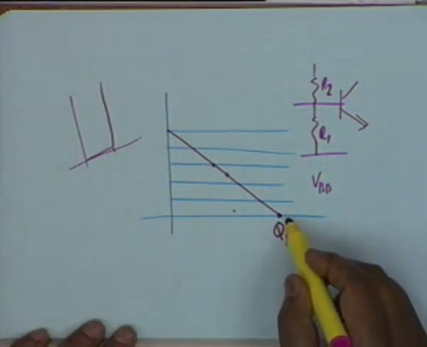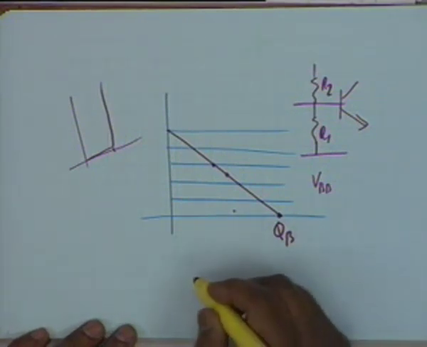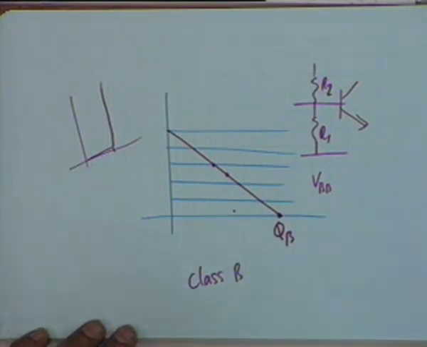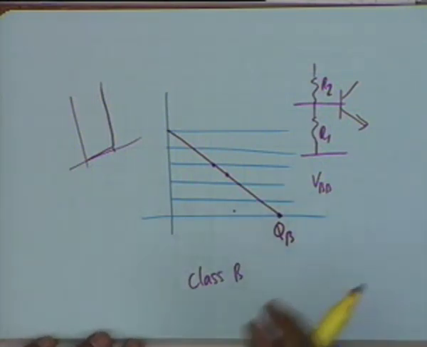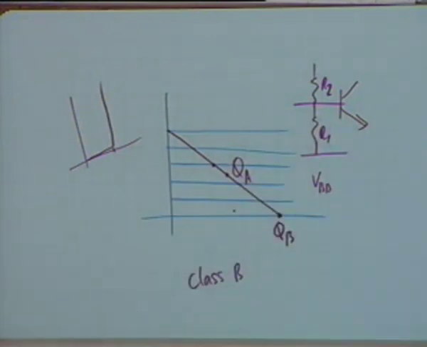This operation, this Q point is called the class B operation, class B, in which the current in the collector flows for only 1/2 cycle of the base current, whereas if it flows for the total cycle then it is called class A operation, class A. In class A operation the collector current flows throughout the duration of the base current cycle.